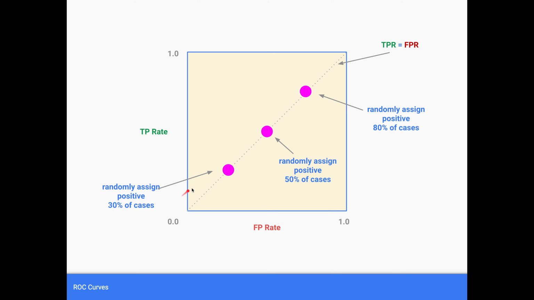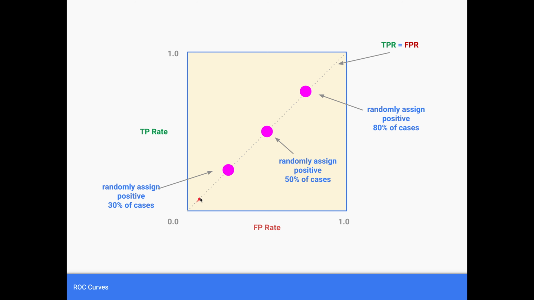And actually this line is interesting, because if we had a classifier that randomly assigned positive 80% of the time, it would sit here, 80% true positive but 80% false positive. Similarly, this one does it 30% of the time. So we can see that everything along this line is useless. It's as good as randomly classifying.